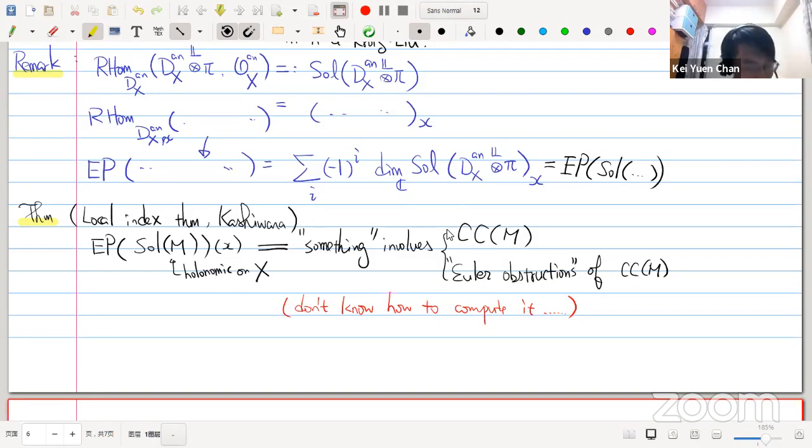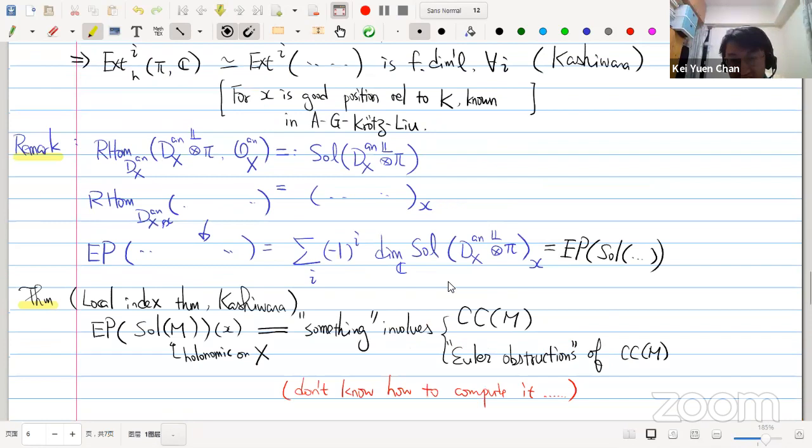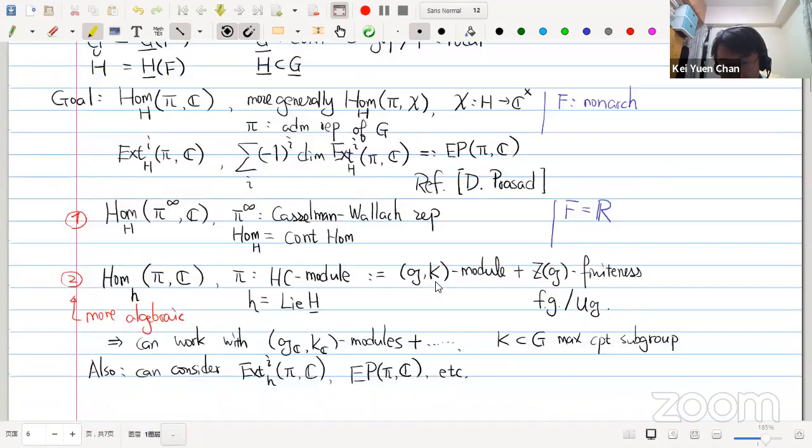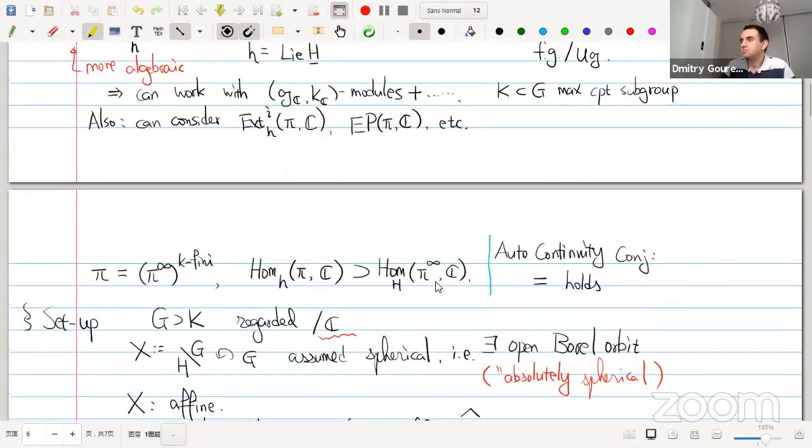I have a simple question. In the beginning, you say you have the automatic continuity between those Casselman-Wallach representations and the Harish-Chandra ones. Do you expect such a thing for Ext^1? It's hard to answer your question. I guess if you don't impose any condition on H and K, then maybe automatic continuity is forced somehow.